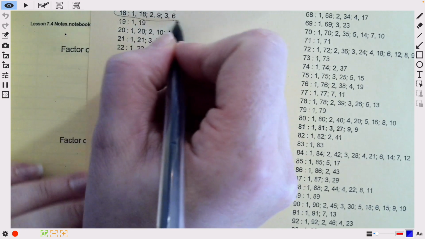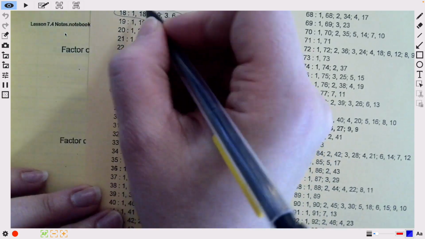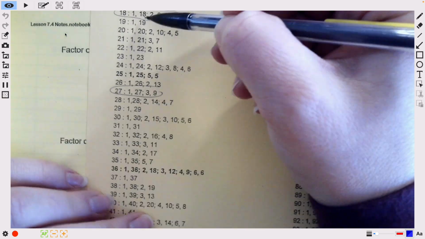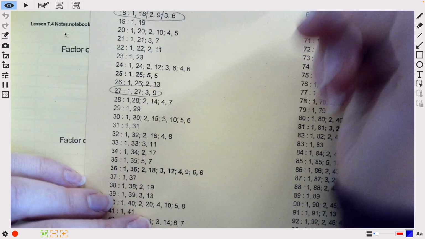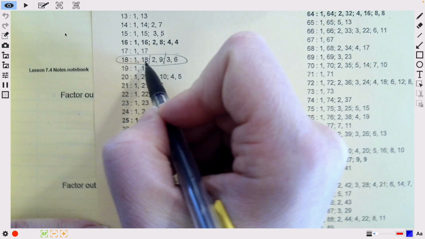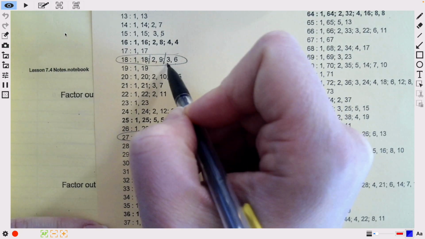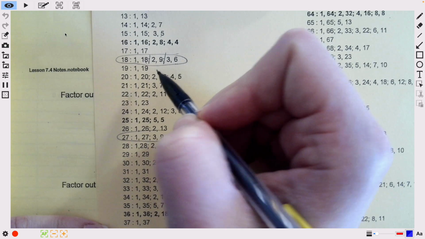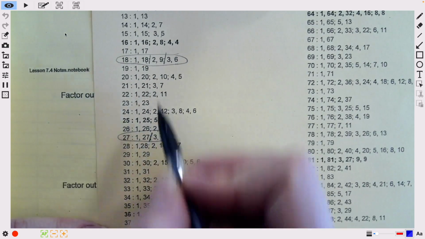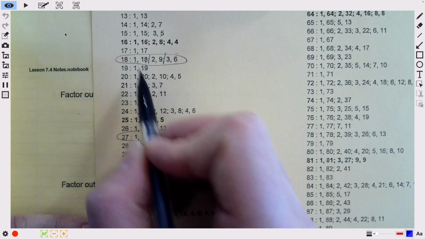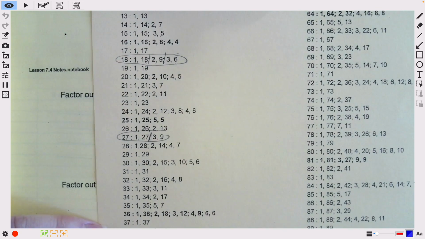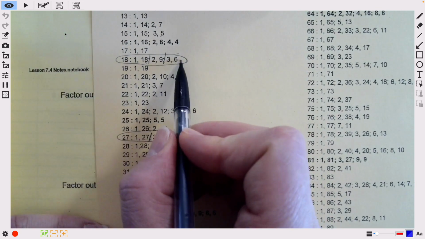Here's 18. Here's 27. Now, the factors are separated by these little semicolons. So, 1 times 18 equals 18. 2 times 9 equals 18. 3 times 6 equals 18. So those are your factors. When you look at your factors of 18 and 27, you're looking for the biggest number that they have in common.